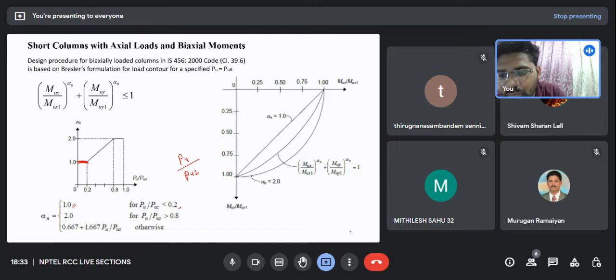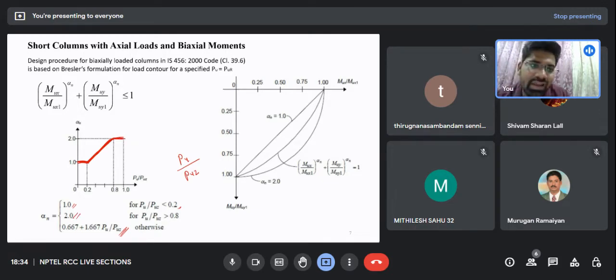Between 0 to 0.2, alpha n is 1. If the ratio is between 0.2 to 0.8, alpha n will vary linearly. You can interpolate it, or the interpolation formula is given here. And if the ratio is between 0.8 to 1, alpha n will be 2.